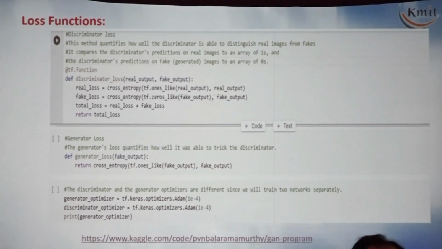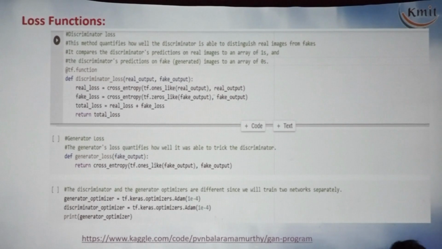But what I want is to find whether it is fake or not. So for that also we will go with cross entropy only. Right? And we can go for the optimizer. In general we will use the Adam optimizer, and you can try with different optimizers also.